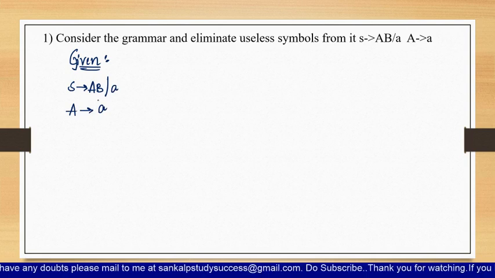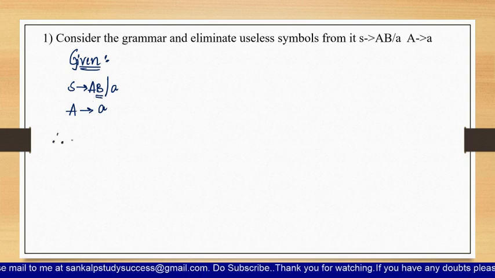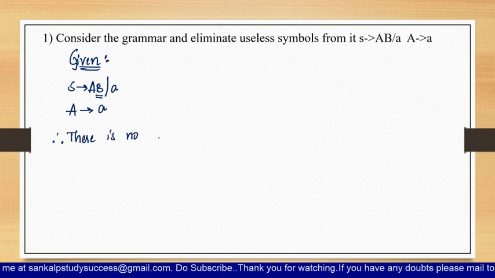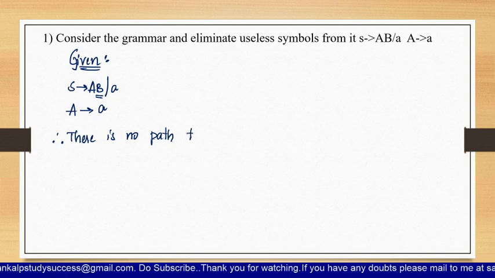If you observe carefully, for B there is no production in order to substitute in S. So, there is no path. There is no path to B from the start symbol.